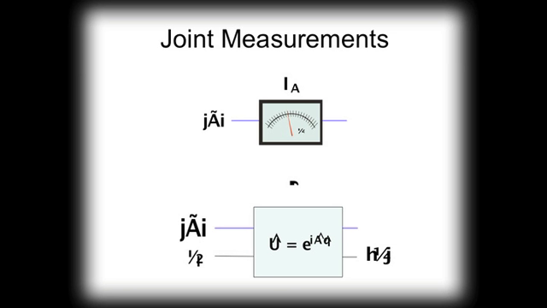Okay, so we have this black box, it has a pointer, and let's say we're measuring some observable A of a system. So this we can represent using a quantum circuit, for instance, by coupling the system to some other device that we call the measurement device or instrument through this unitary coupling.